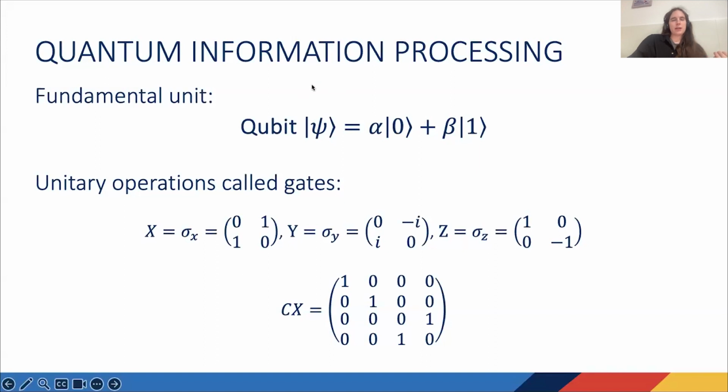When that second qubit is off in the 0 state, I don't do anything to the first qubit. But if that second qubit is on in the 1 state, then I do that NOT gate, the X gate, changing this 0 into 1 and changing this 1 into a 0. So that would be an operation on 2 qubits where there's some control qubit, qubit 2, and based on the state of that control qubit, I do something to my initial qubit.